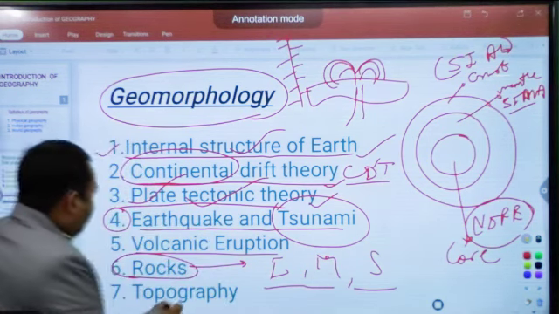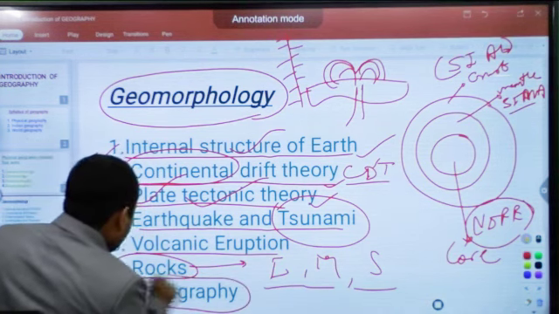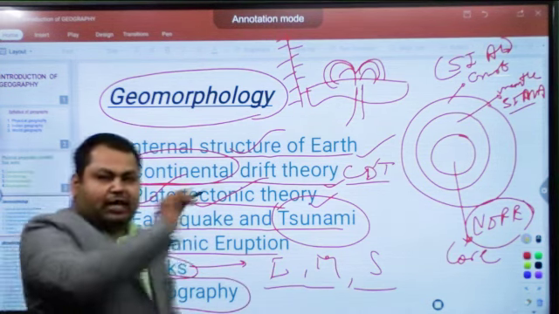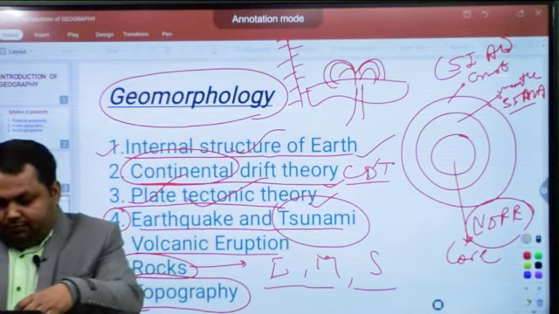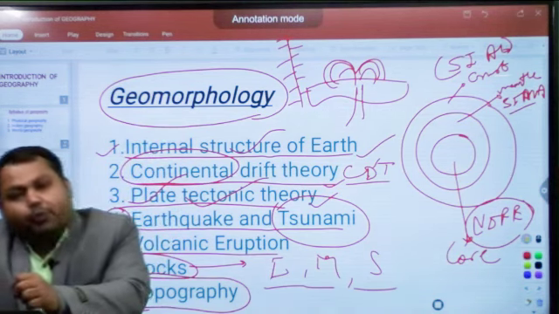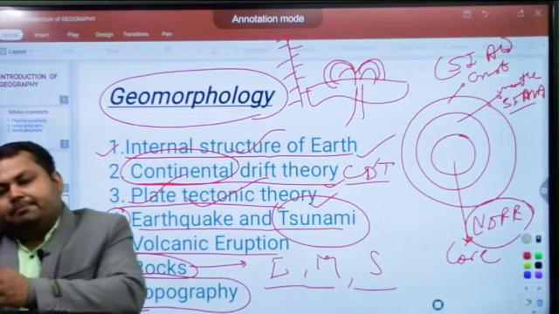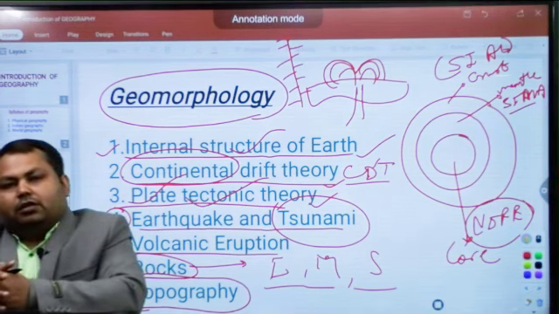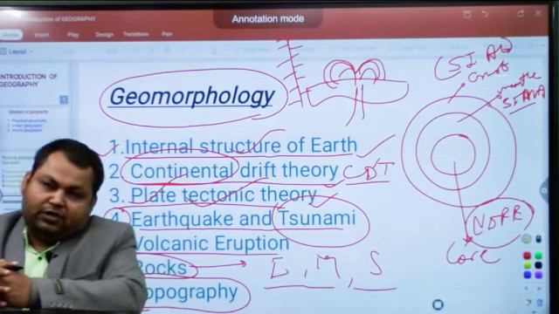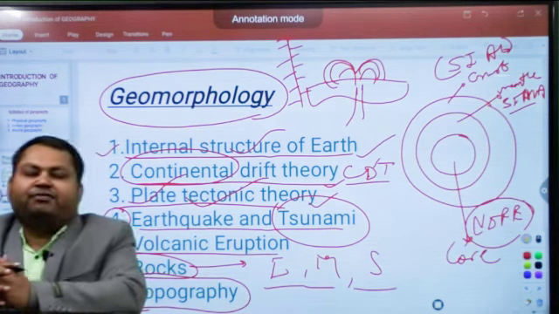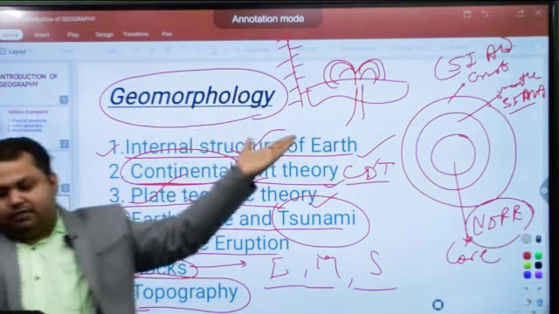The next is topography. Topography is that kind of three-dimensional solid structures which form under the influence of external forces.